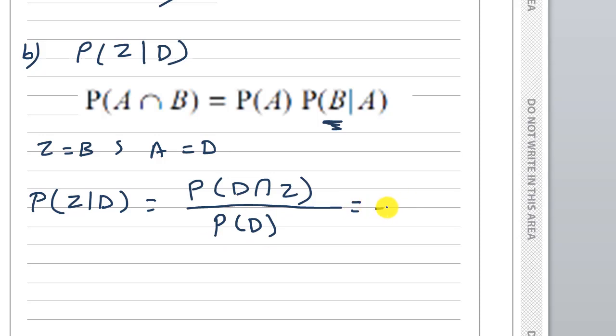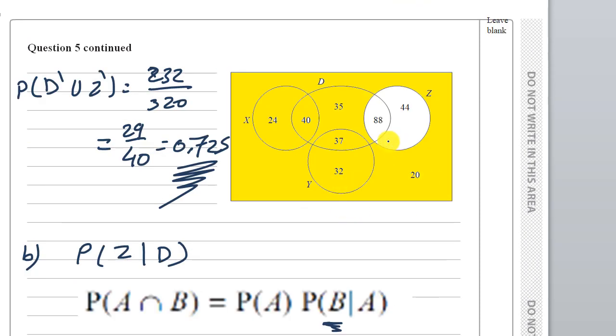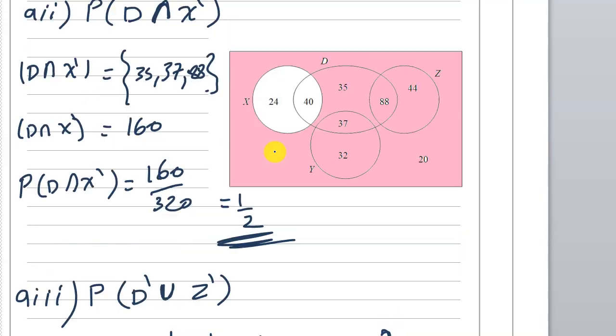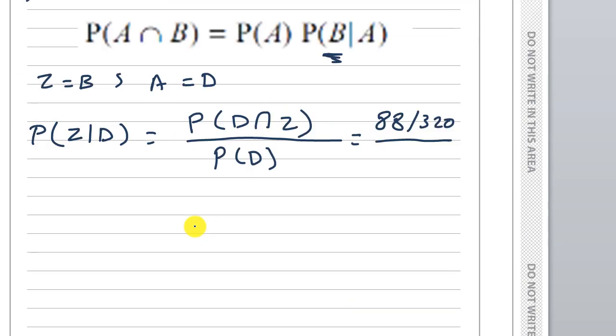So D intersected with Z here, which is 88. The intersection here is 88. So 88 divided by 320. And the probability of D we already calculated before, which is 5 over 8.